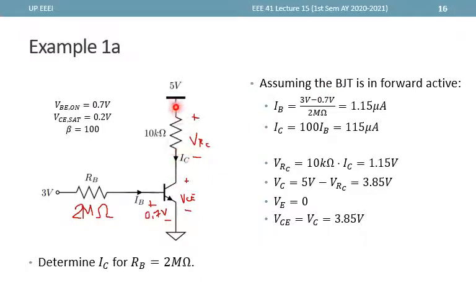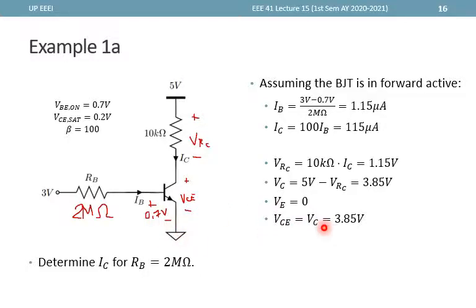So current is downwards entering the positive terminal. And using this 115 microamps times 10K, we get this 1.15 volts. If this is 5 volts, this is 1.15 volts, then this must be 3.85 volts. And that is VC, which is also equivalent to VCE already, since VE is 0, since the emitter is grounded.